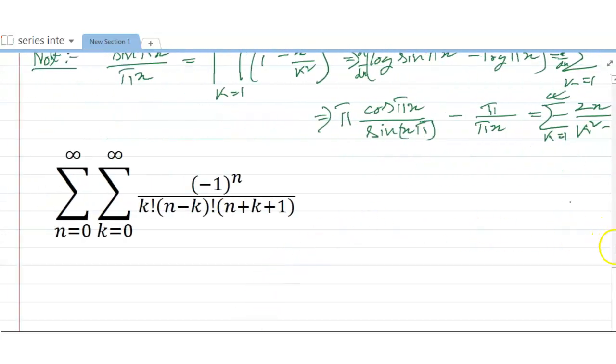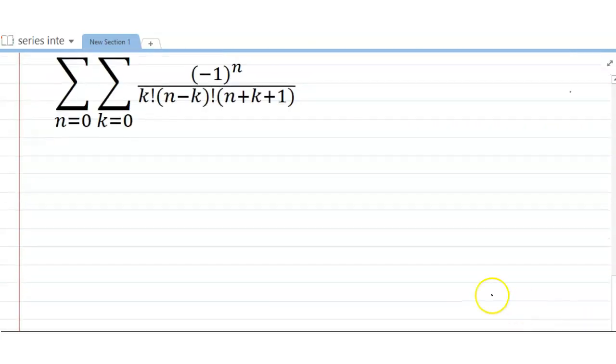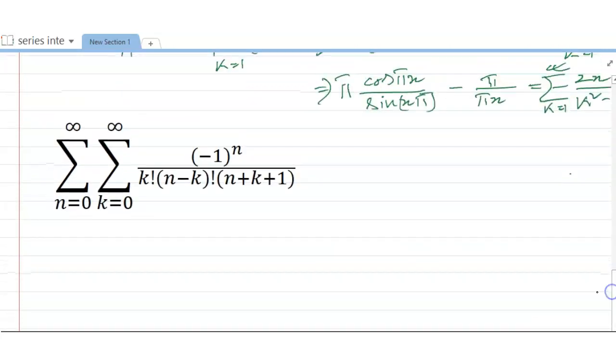Now friends, we will solve the next problem. Next problem is this formula. How can I solve this problem, friends? This problem is very easy.